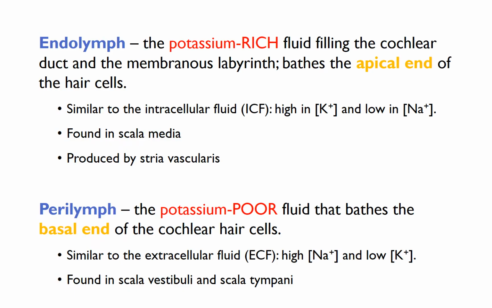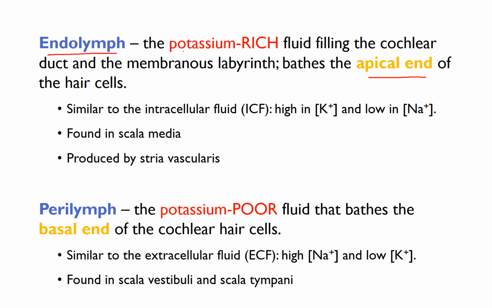In order to get into the cell signaling cascade that occurs when a sound is heard and an electrical signal transduced, we have to look at the physiologic properties of the fluids that are surrounding and bathing these epithelial cells. First fluid to talk about is the endolymph. The endolymph is bathing the apical end of the hair cells where the stereocilia are located.